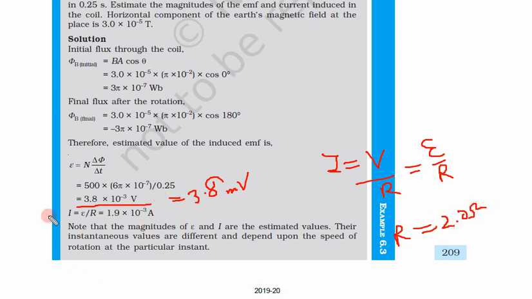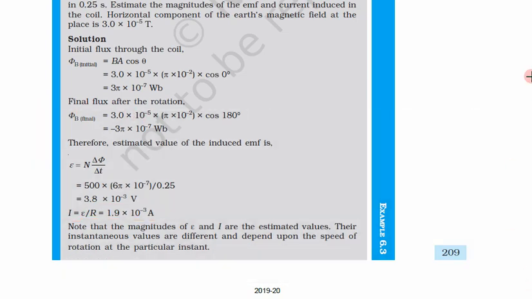So let us put all these values. What we get? I is equal to 1.9, half of this, into 10 to power minus 3 ampere. So this is in ampere. Here 3.8 millivolt, this is 1.9 milliampere.